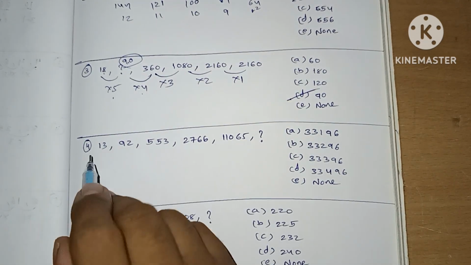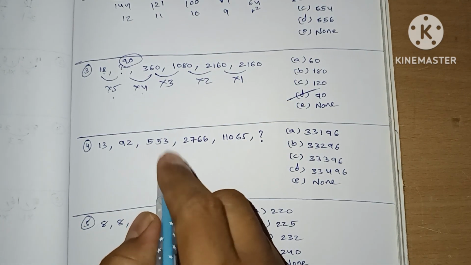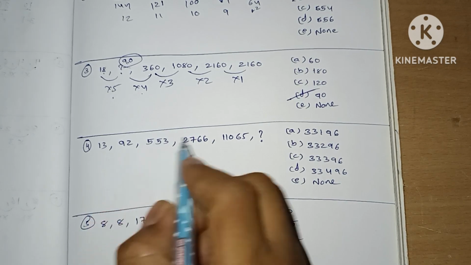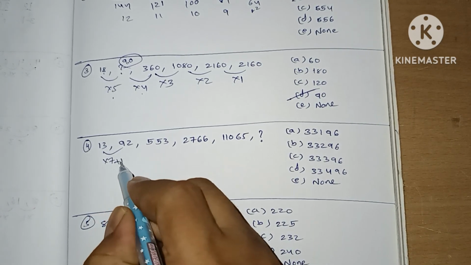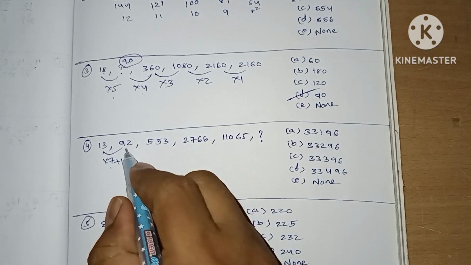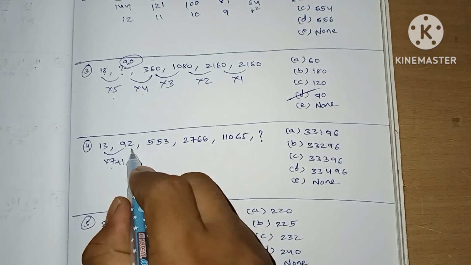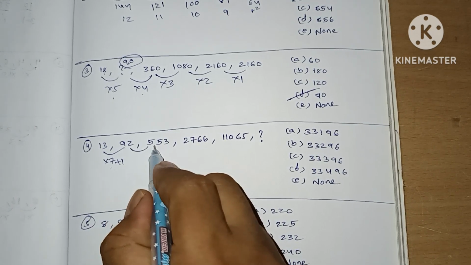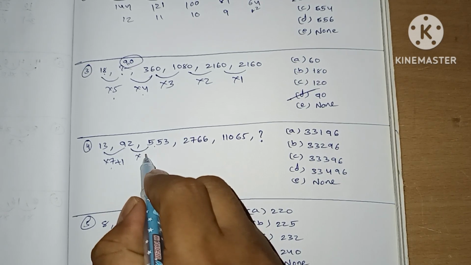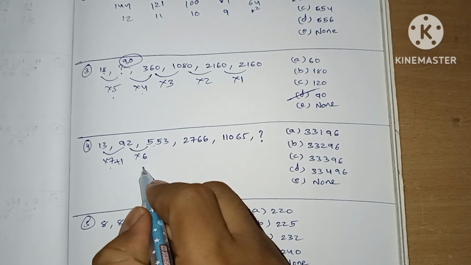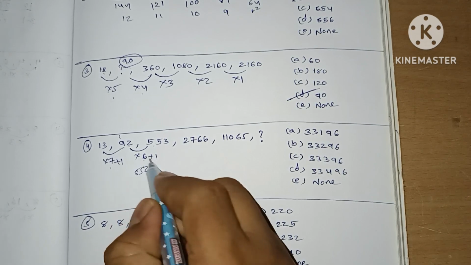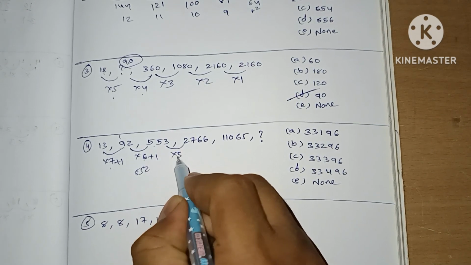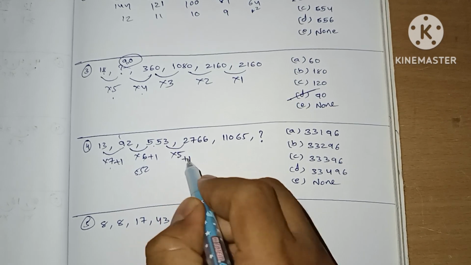Next, fourth one. Here it must be into. I can see this number as into 7 plus 1. 13 7 times is 91 plus 1 will be 92. Here 9 becomes 55, so it's 54 plus 1, 55 plus 1, into 6 plus 1. So it must be into 5 plus 1, 3 times 15 plus 1 will be 16.